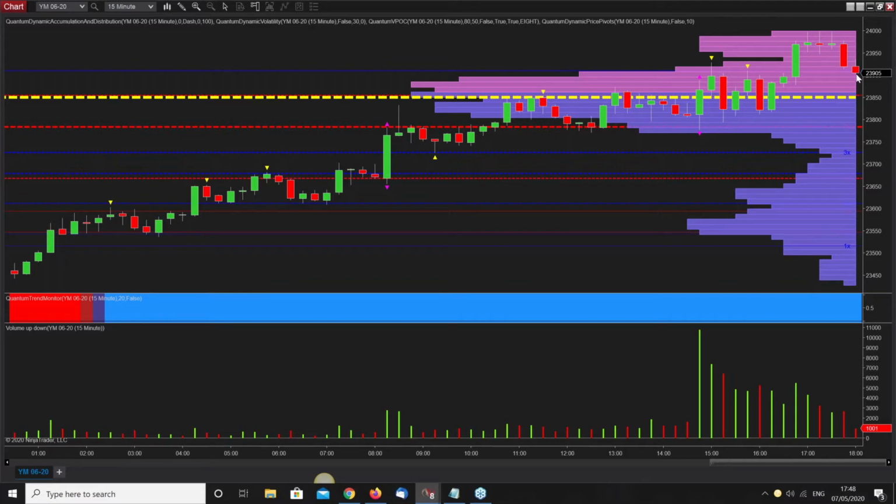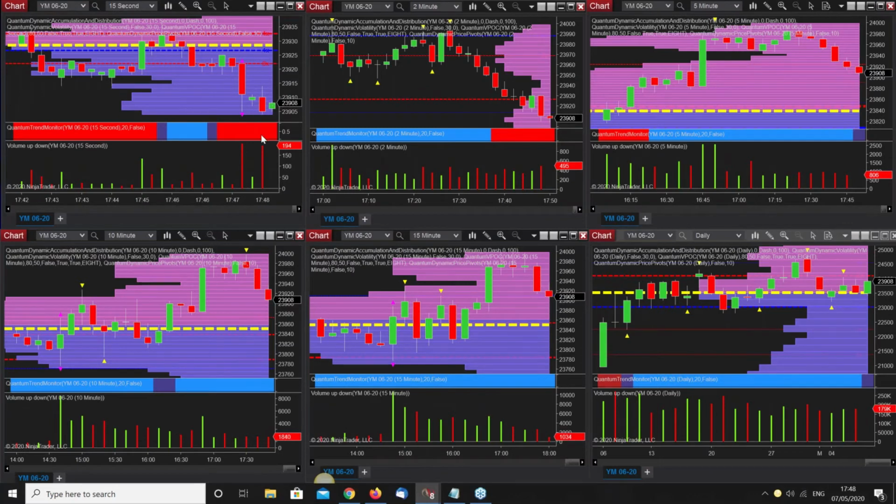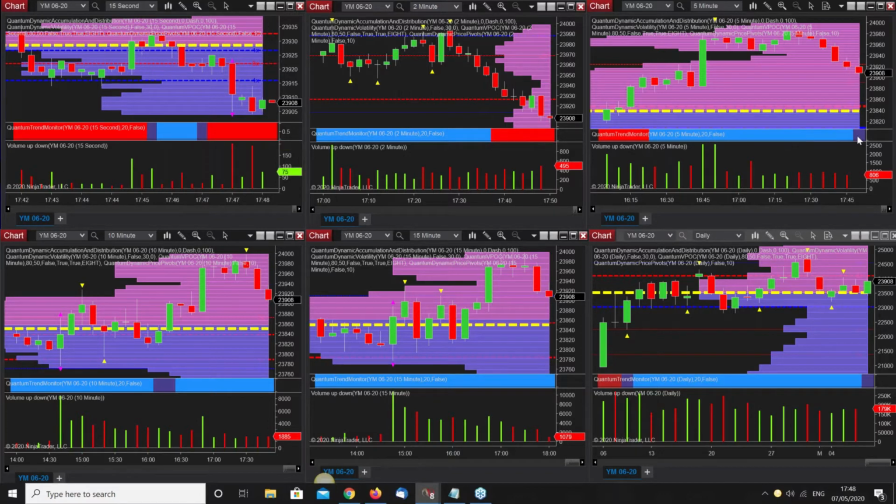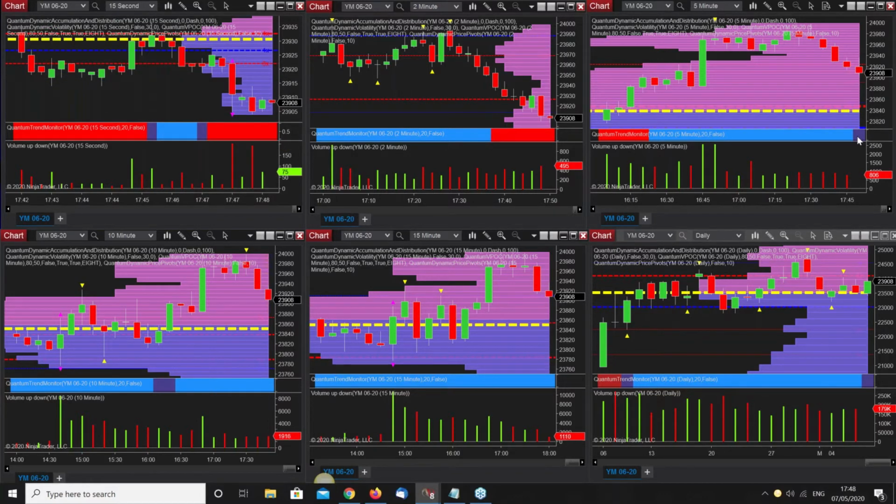Where are we going to come back to? Well, the chances are, if we're going to break through this lot, we're coming back down onto the volume point of control, which is 50 points lower. Trend monitor signaling that on 15-second. That's pretty quick. It's starting to rotate through into 2-minute, that bearish sentiment. Over to the 5-minute, the trend monitor has now transitioned out of bullish and has gone into a darker phase.